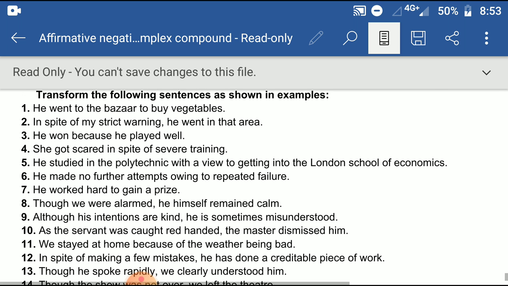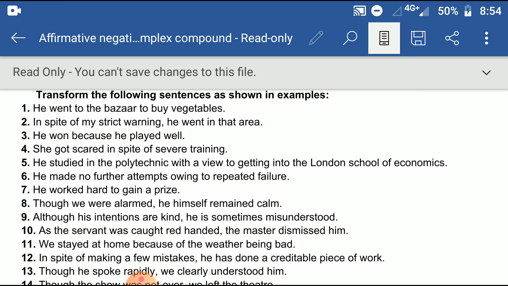So, though, then my will become I, that is the subjective pronoun. Now from strict warning, strict is an adjective, warning is a noun. Always a noun has to be changed into a verb. So: though I warned. Past tense we have to write because went is given.